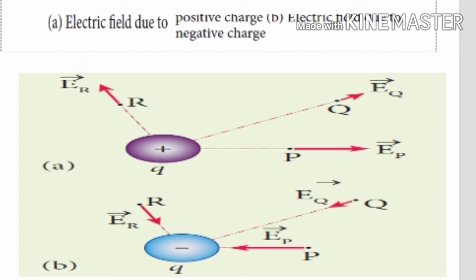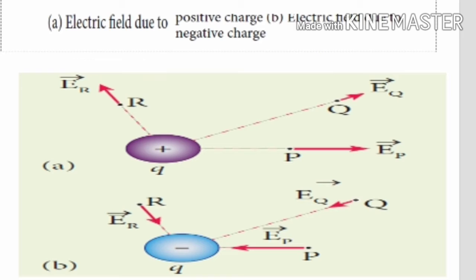It is sure that the point which is nearer to the source charge, at that point the electric field will be greater. Hence, the electric field at a point P, EP vector, is greater than the electric field at points Q and R.